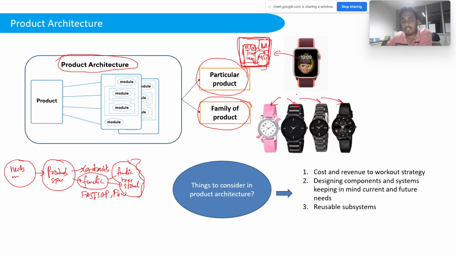For example, a particular company like Titan may have a product lineup of watches having some similarities and some differentiation. And in this lecture, I'll be discussing how to choose a particular product architecture and how companies decide how to go about different product architectures.